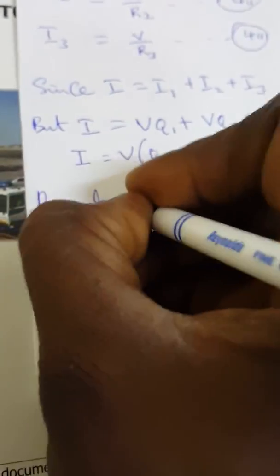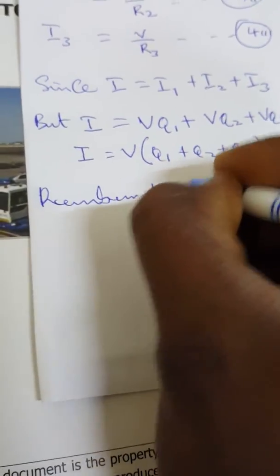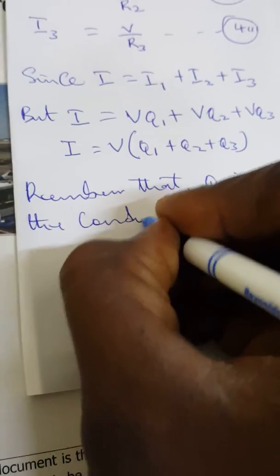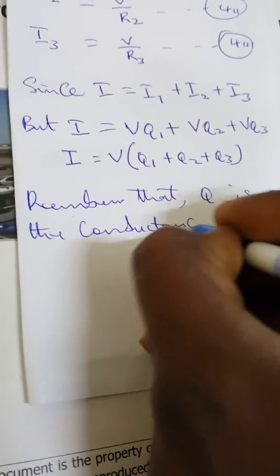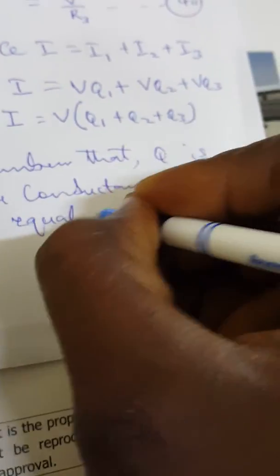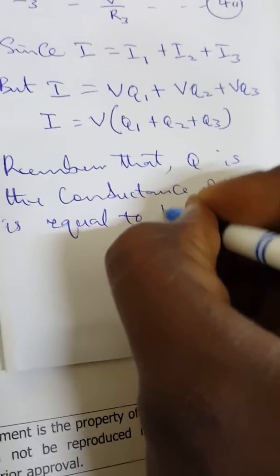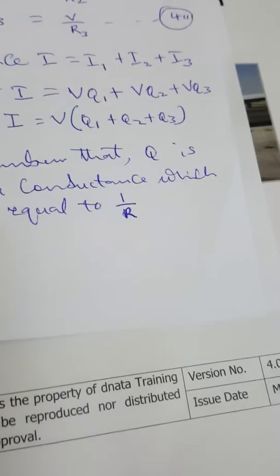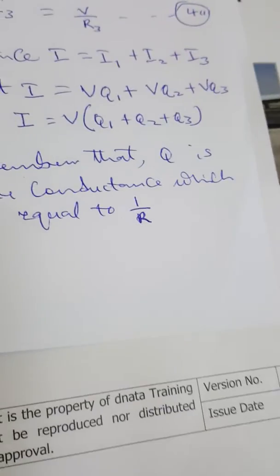Remember that G is the conductance, which is equal to 1 over R, that is the inverse of the resistance.